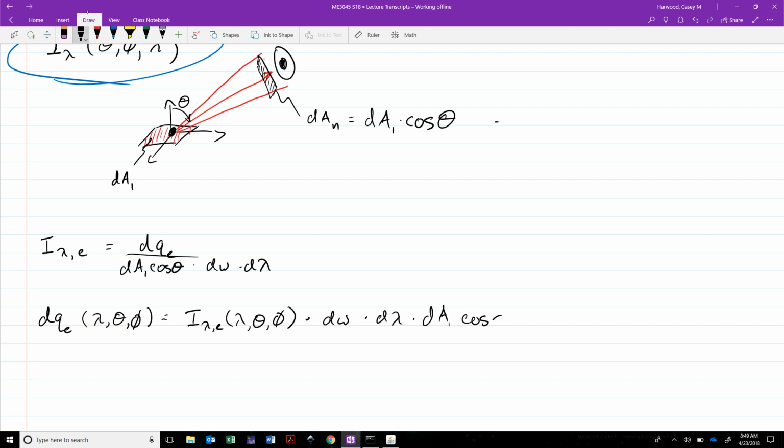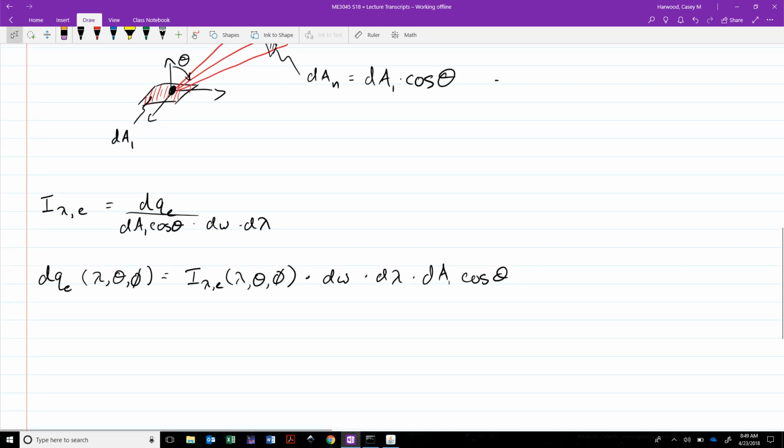Let's reorganize, times dA1 cosine theta. So here's the actual heat rate being emitted by a small area that's radiating energy, and the heat flux associated with that is simply dQe divided by dA1.